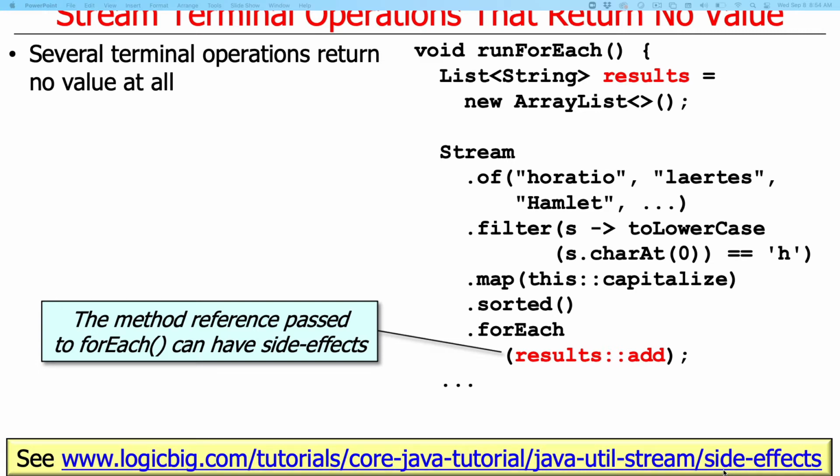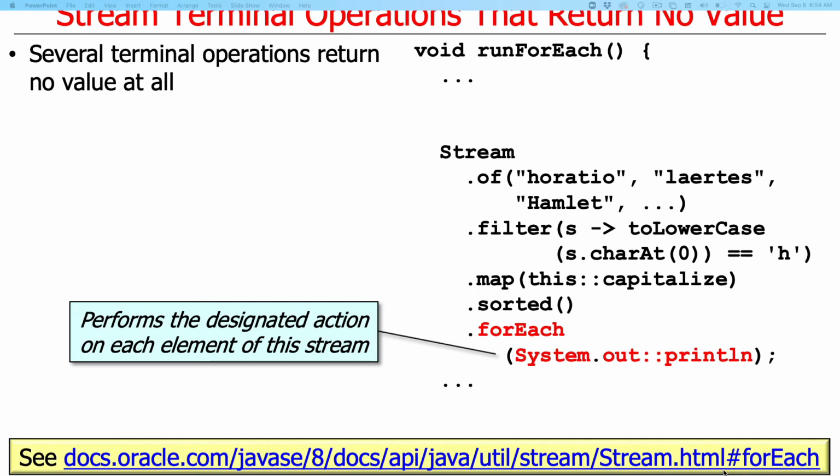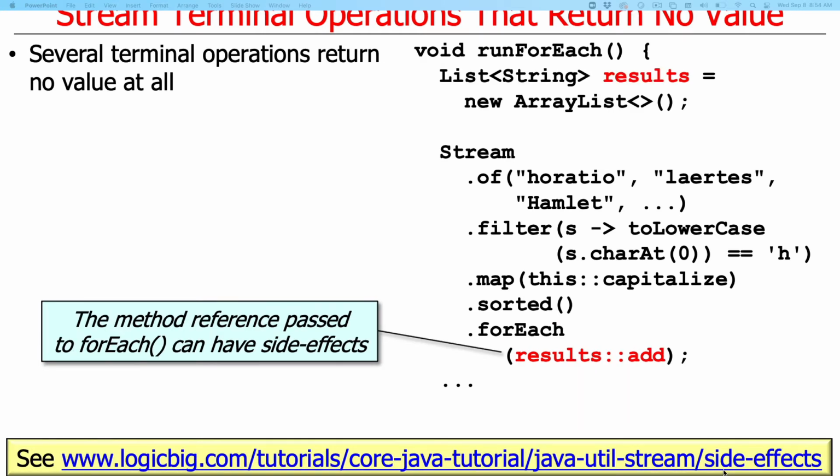In fact, that's intentional. You don't want to have side effects because that perturbs the whole concurrency hazard, the thing we talked about before. But for forEach, you want to pass a method that has a side effect. So obviously, printing is a side effect. It's having the side effect of writing the results to the standard output. You could also pass other methods that have side effects as well.